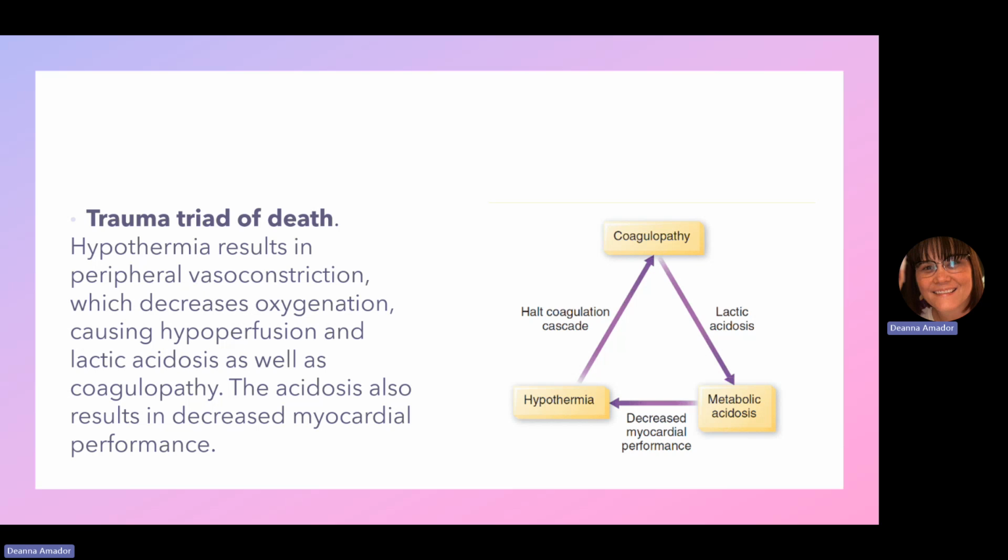Hypothermia is caused by a number of factors like massive hemorrhage, sepsis, exposure, fluid resuscitation without warm fluids, and certain medications like muscle relaxers, sedatives, and opioids. And then, like I said, once this trauma triad of death starts going, you can definitely have a code situation on your hands.